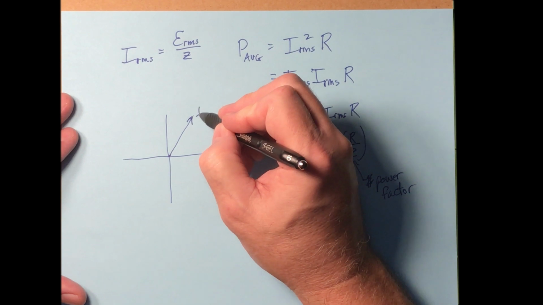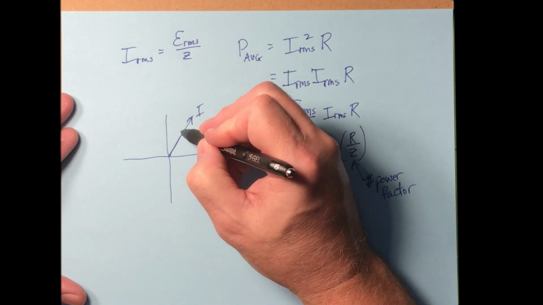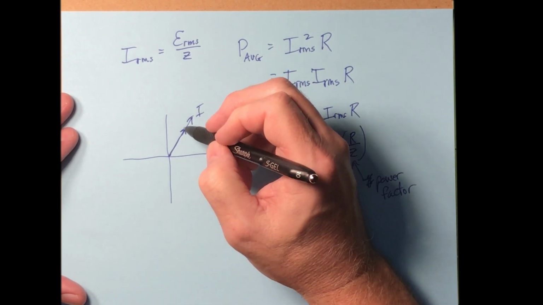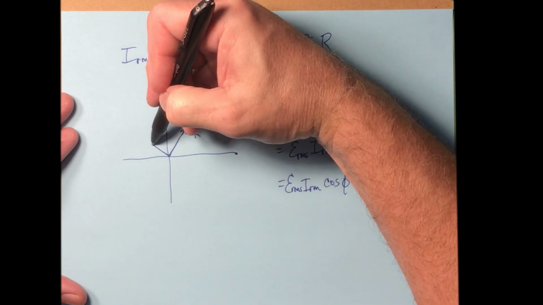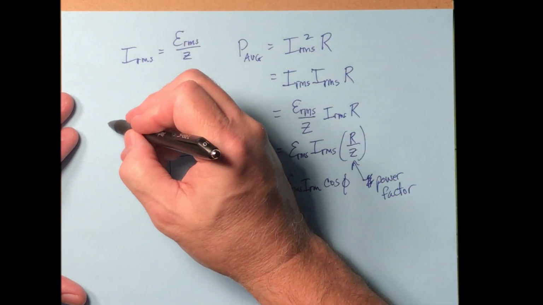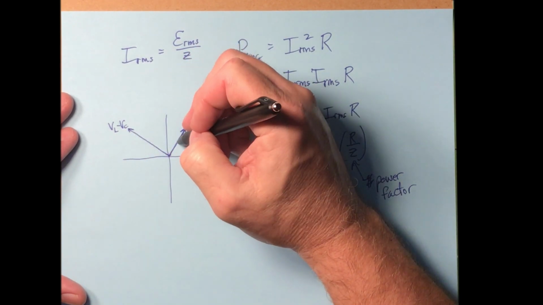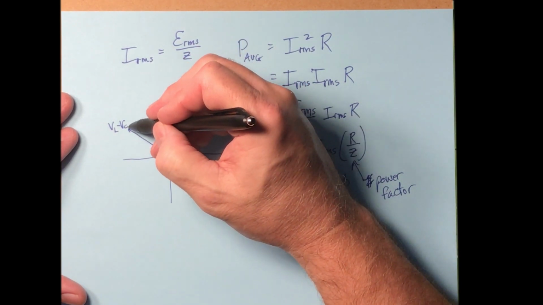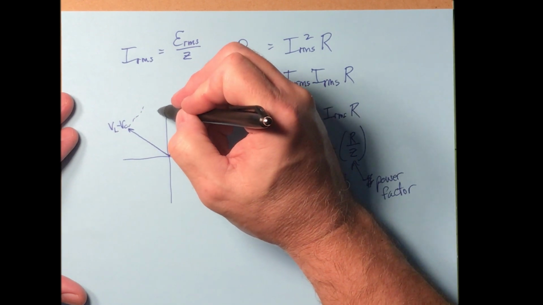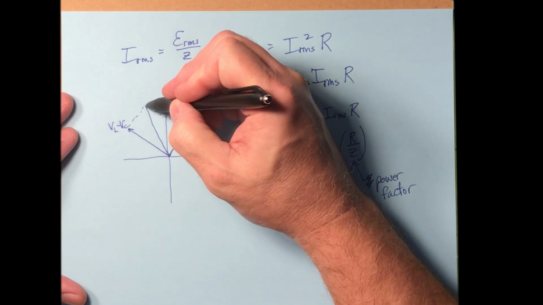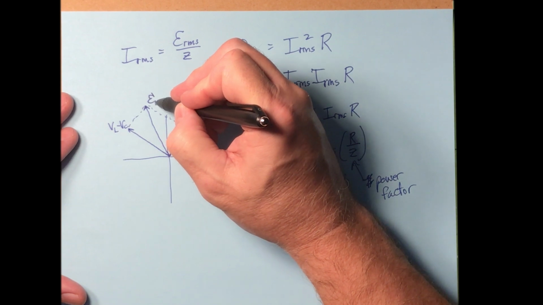We have an I going off in that direction, which places V sub R right on top of that. And then going off in this direction, we had V sub L minus V sub C, those phasors. And the E vector was the resultant of these two right here. So this is E sub m.